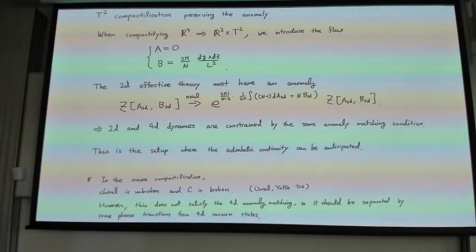So the important thing is that only if you introduce this kind of magnetic flux, 2D and 4D dynamics are constrained by the same anomaly relation. So there is a chance for adiabatic continuity if we introduce this magnetic flux in this T^2 compactification.